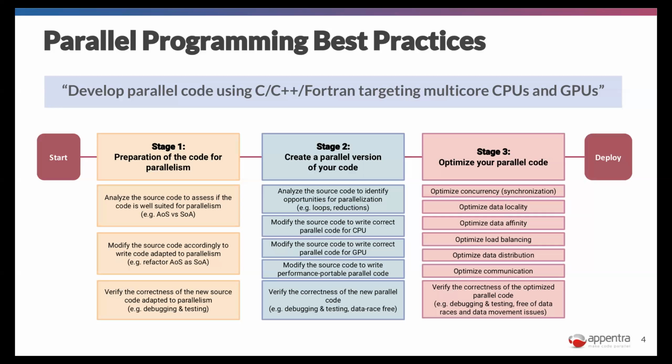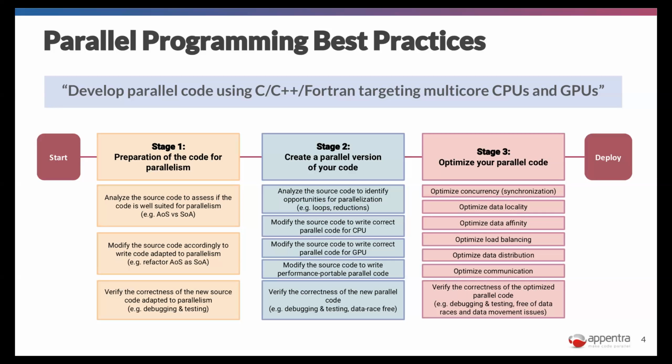Stage number 2, you already know your code. You have analyzed it and prepared it for parallelism, but you have not added any single parallel semantics, such as OpenMP pragmas, for instance. So then you need to understand the semantics of the code and what loops can be converted into a parallel equivalent. Typical loops that compute reduction operations.